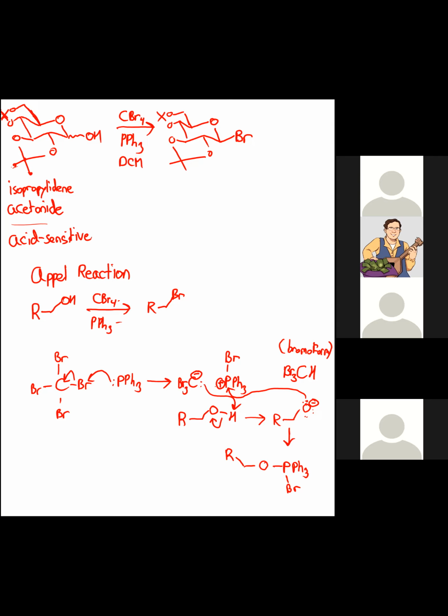But what we now have is a neutral molecule, which is good. So I'm going to just redraw this a little bit. And I don't know if you remember the Wittig reaction.